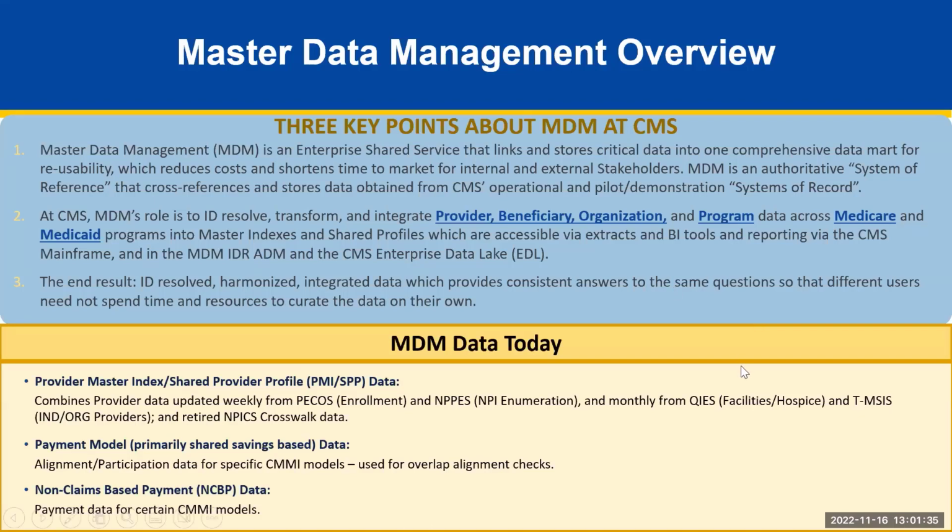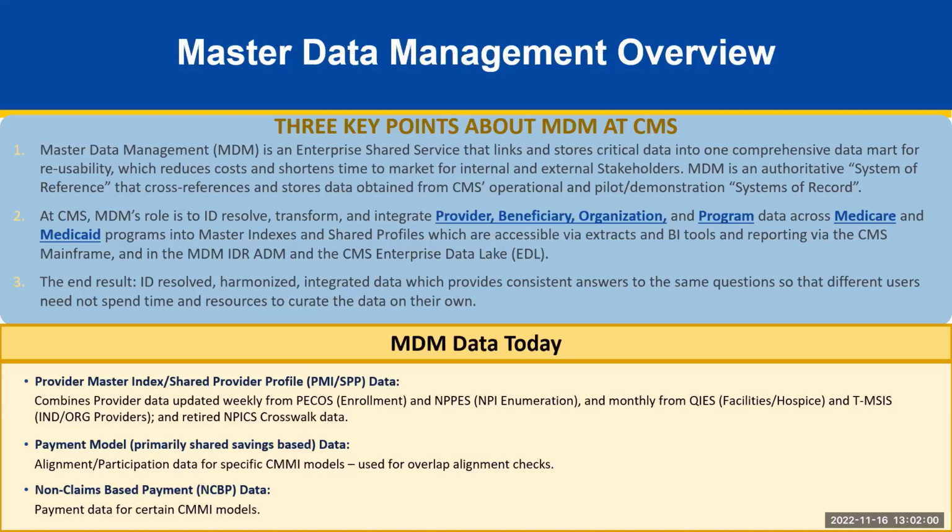We learned at CMS that's not something we can do, as each component feels that the data they have is potentially the golden record. So instead, we use an ID resolution tool to bring together this critical data from across the different components, and we consolidate that information.